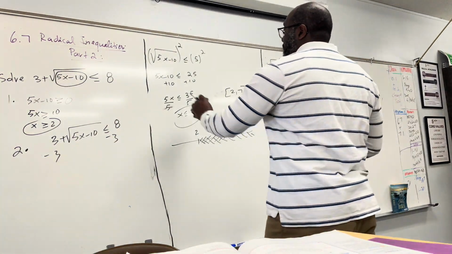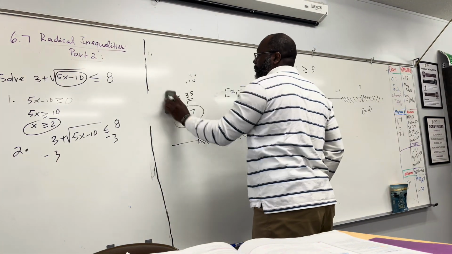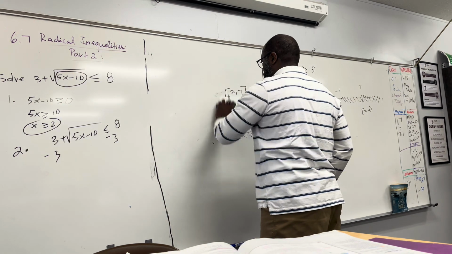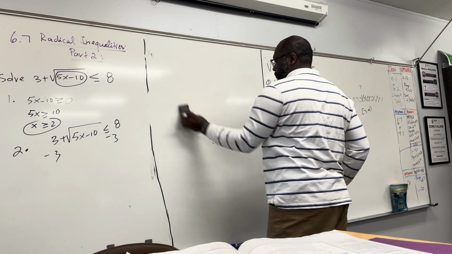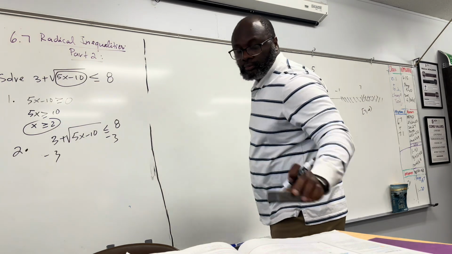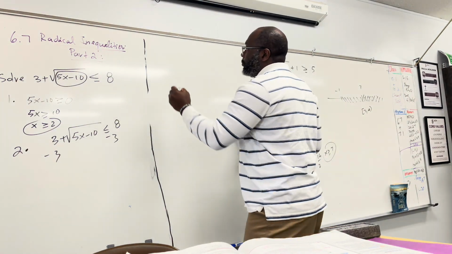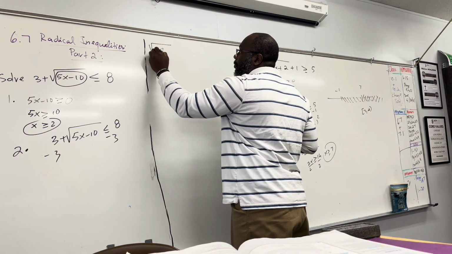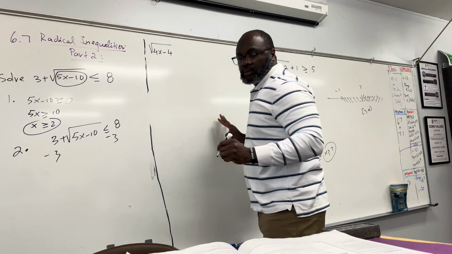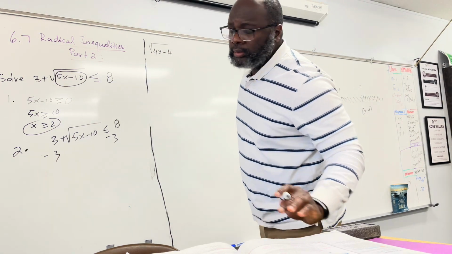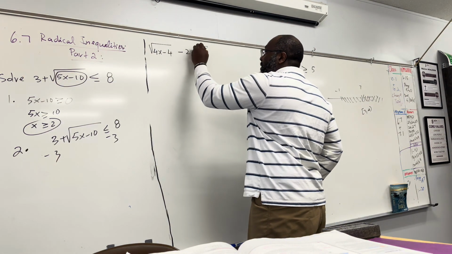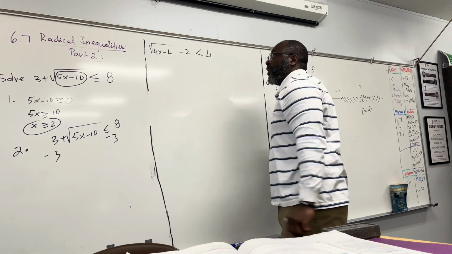Say I have the square root of 4x minus 4, minus 2, that is strictly less than 4.